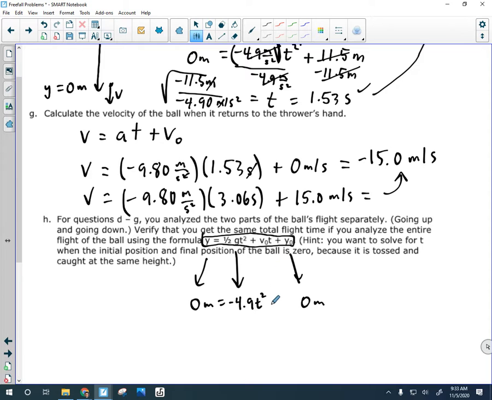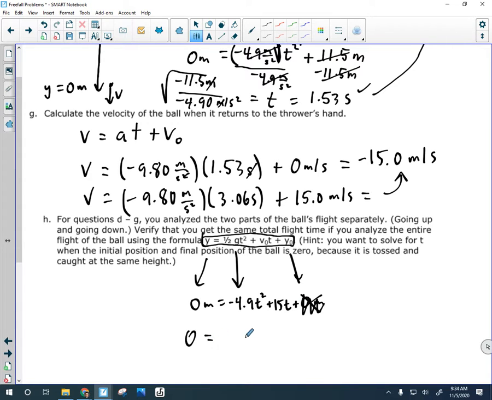And then here, if I'm analyzing the entire flight time, I do want to keep that 15 meters per second in the V0 term. So one way I could solve this, first of all, the 0 meters just goes away. I don't need to include it so much.